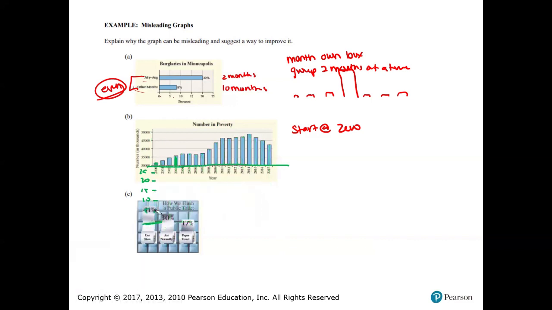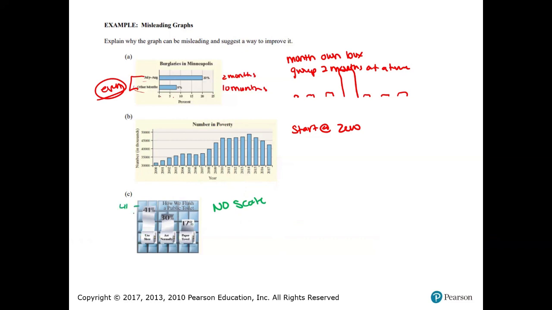All right, last one here. How we flush a public toilet. 41% uses a shoe, 30% acts normally, so just normal like hand flush, and 17% uses a paper towel. All right, so first problem. No scale at all. There is no representation to see that 41 is up here and why is 17 up here?